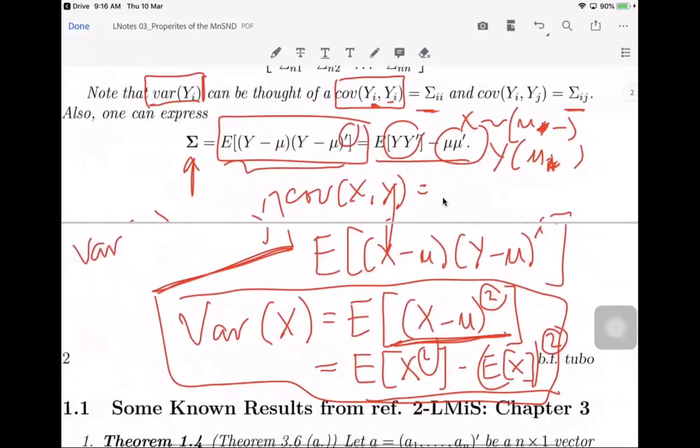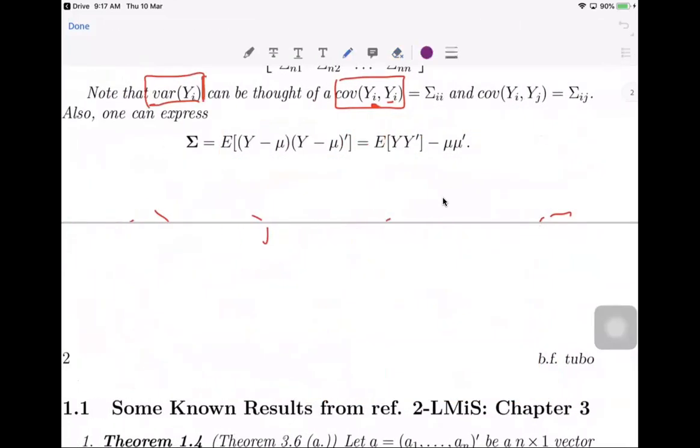So let me write it in a proper way. Here, this is the multivariate case scenario.